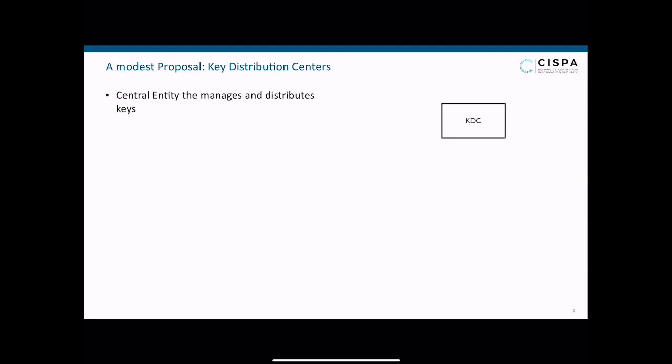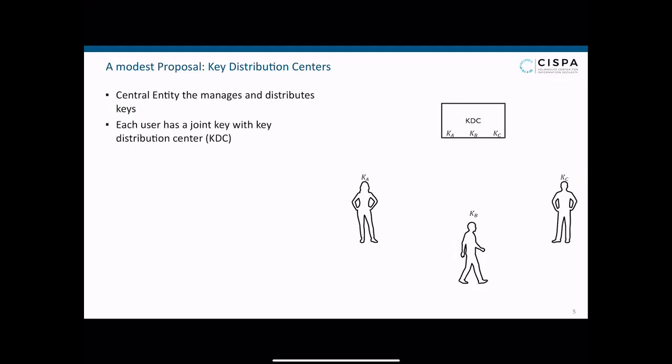So the idea here is the following. You have a central entity which manages and distributes keys. Say we have three parties here, Alice, Bob, and Charlie. And the one thing we assume is that each user has a joint key with the key distribution center, right? So Alice has a key KA, Bob has a key KB, and Charlie has a key KC. And the key distribution center also knows these keys.